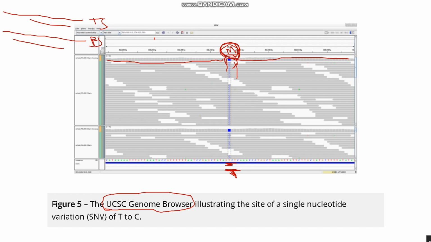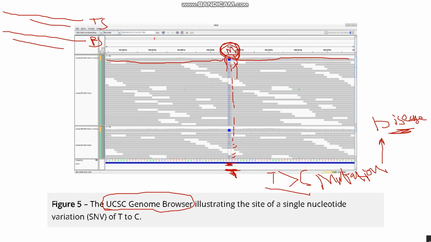In this fragment there is a C, there is also a C, there is also a C. It means the coverage is very high and the Phred score is very high. It means the T is changed to C, so there is a mutation, and that mutation may cause some disease.